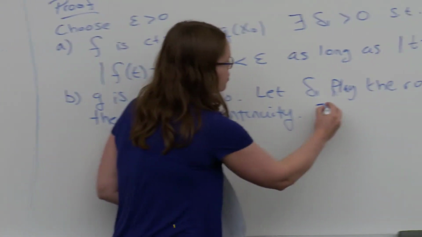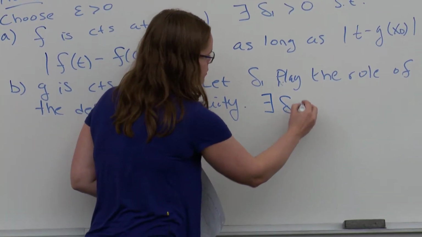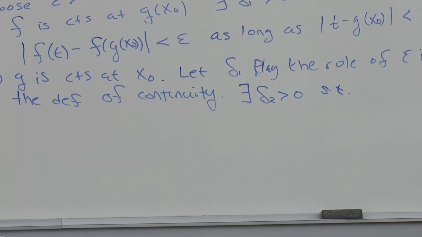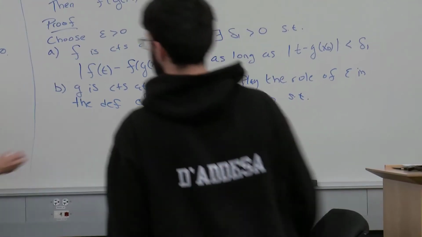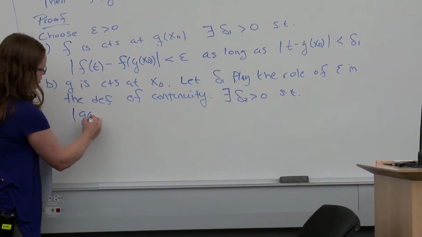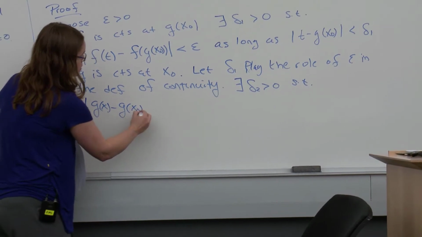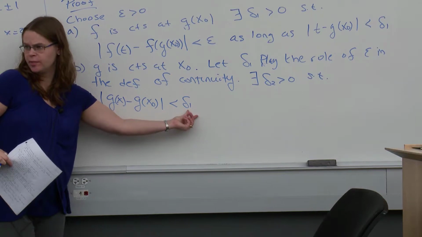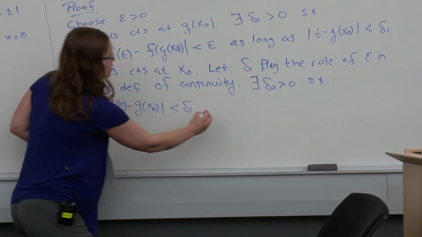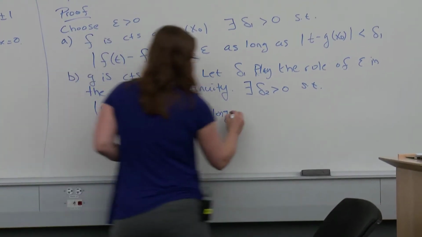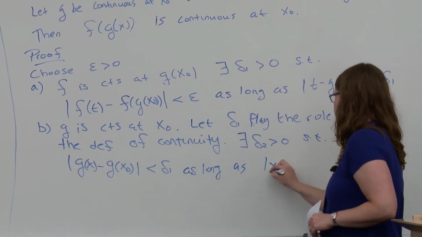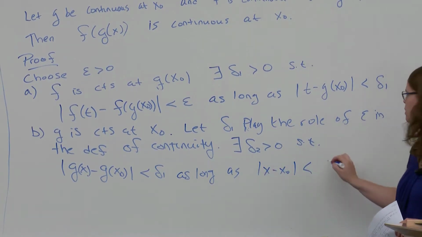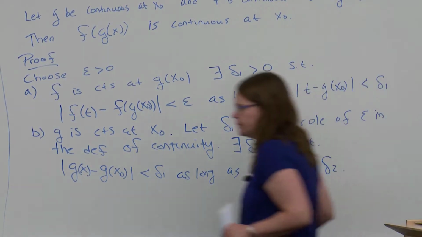And again, we know there exists some other parameter, delta 2, such that g of x minus g of x naught is less than delta 1, right? So this is playing the usual role that epsilon plays, as long as x minus x naught is less than the tolerance in this direction.